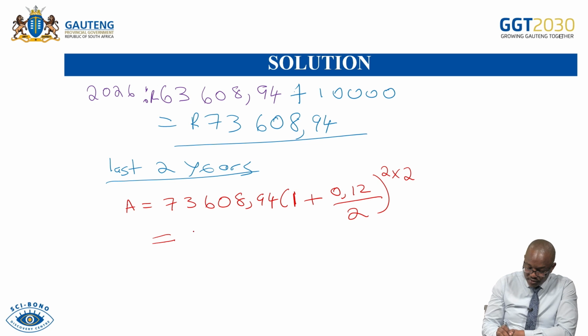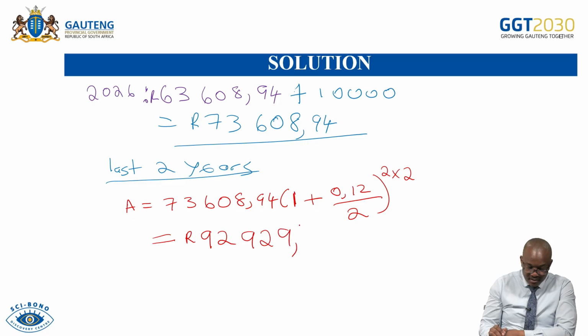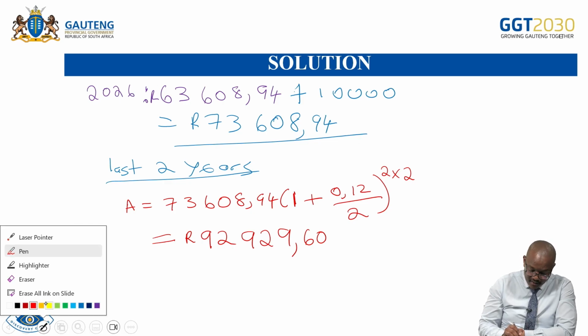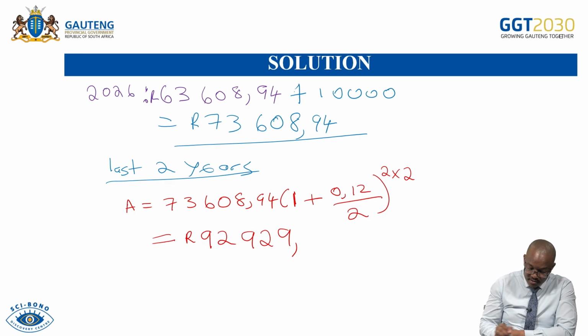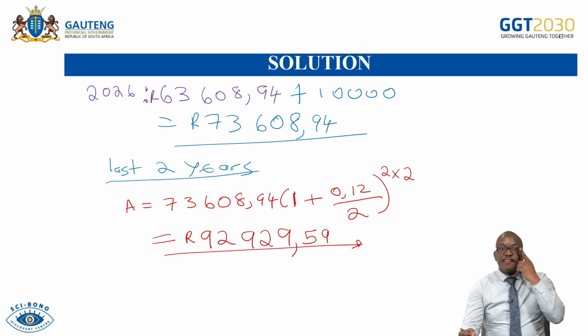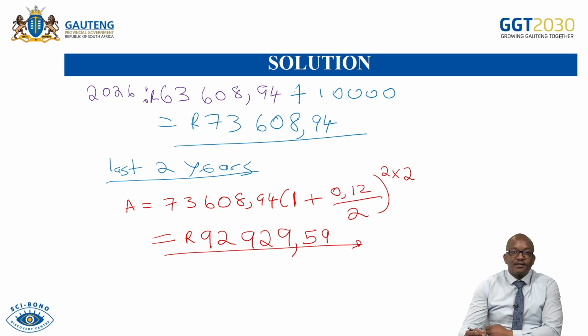Then we are going to get the amount of 92,929 rand 59, correct? So that is the amount that the municipality will accumulate in 5-year time, or in 5-year period.